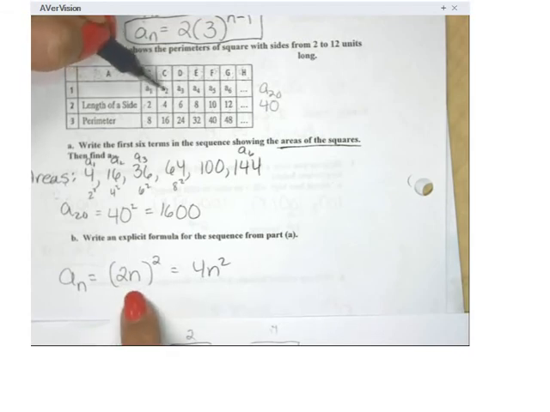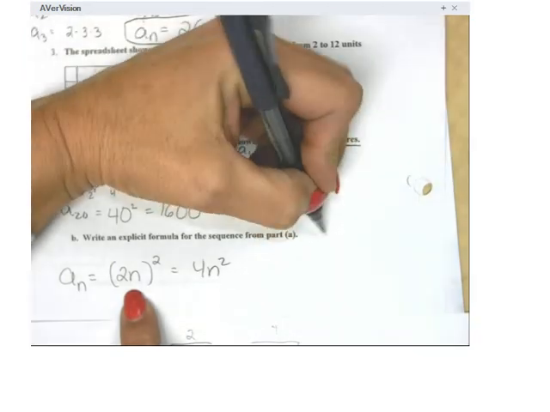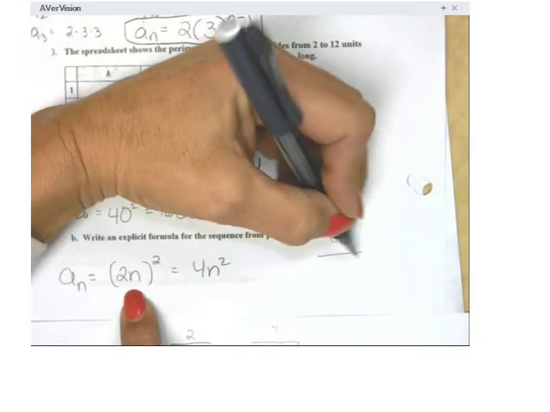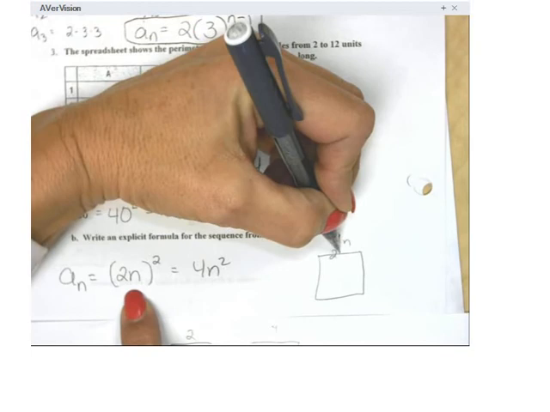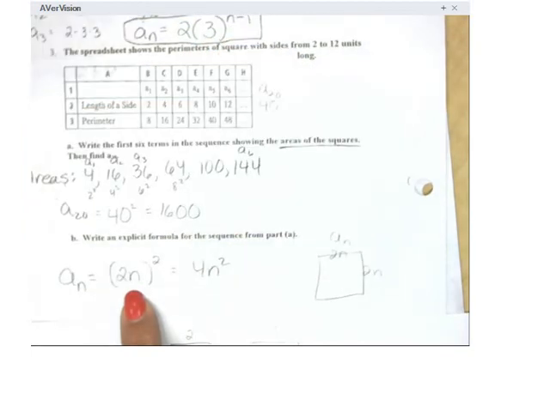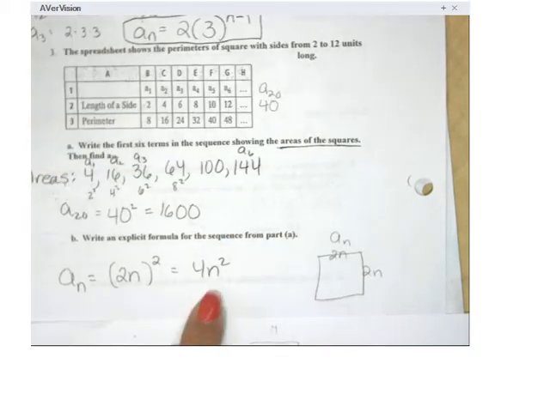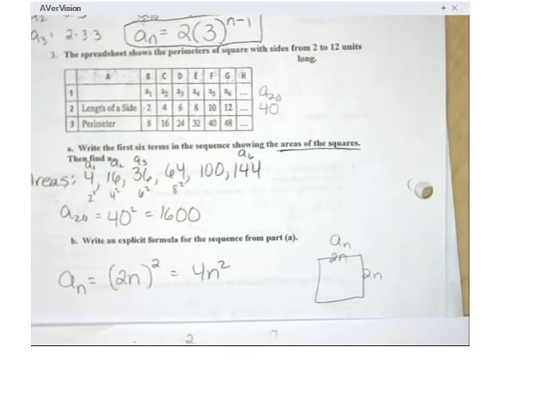That's why inside here we have 2n. And then we want to find the area, so we know for the nth figure, it's going to have a length of side that is 2n. And then we want to find the area, so we would want to multiply it by itself or square it. So there's my explicit rule for that.